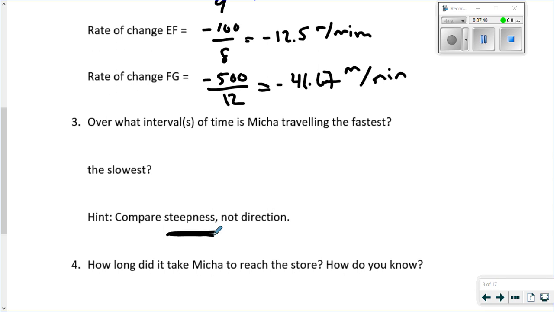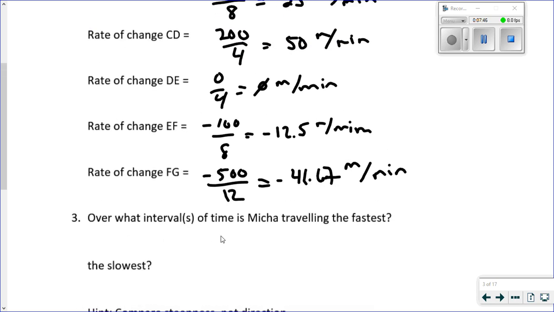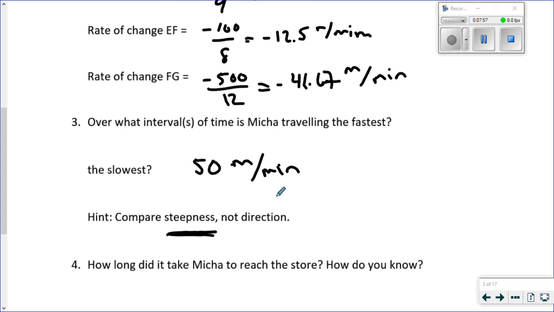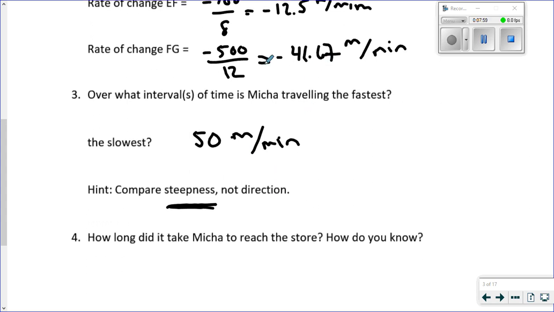It just recognizes it's 20 kilometers an hour. So all we got to do is look for what number is the biggest. And in this case, 50 wins. Although that negative 41.67 was close.